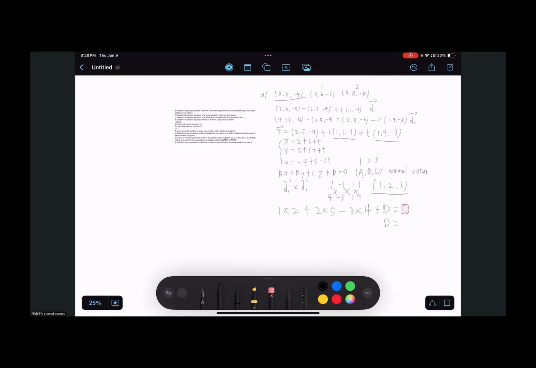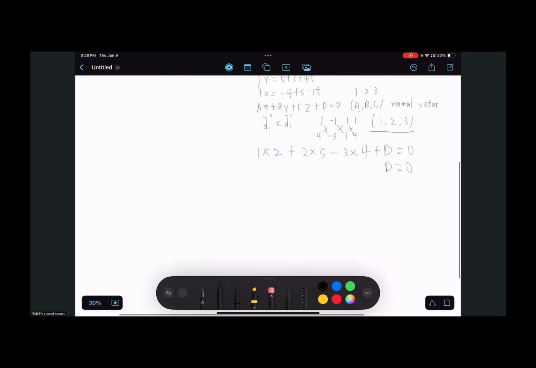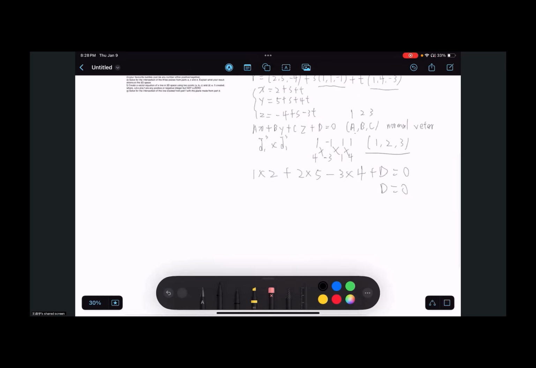And then we got d equals 0. So for the Cartesian equation, we find that it's x plus 2y plus 3z equals 0.